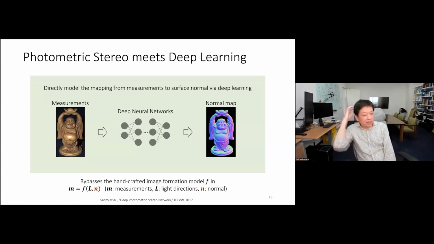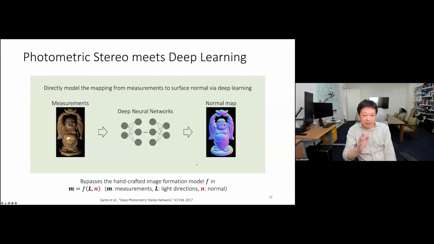To overcome the design problem in the conventional approach, we are working on developing a new data-driven method for 3D shape recovery. Namely, instead of manually designing the image formation model F, we use a deep neural net to directly establish the mapping from the measurements to the surface normal map.